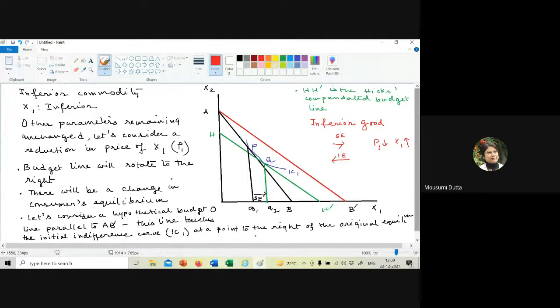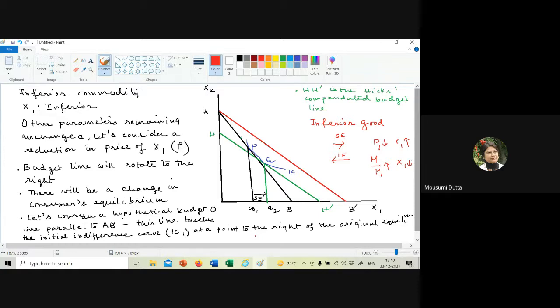Whenever there is a fall in P1, M by P1 is increasing, and as the real income of the consumer is increasing, consumption of X1 will fall via this channel. So the income effect will be in the opposite direction to the substitution effect.